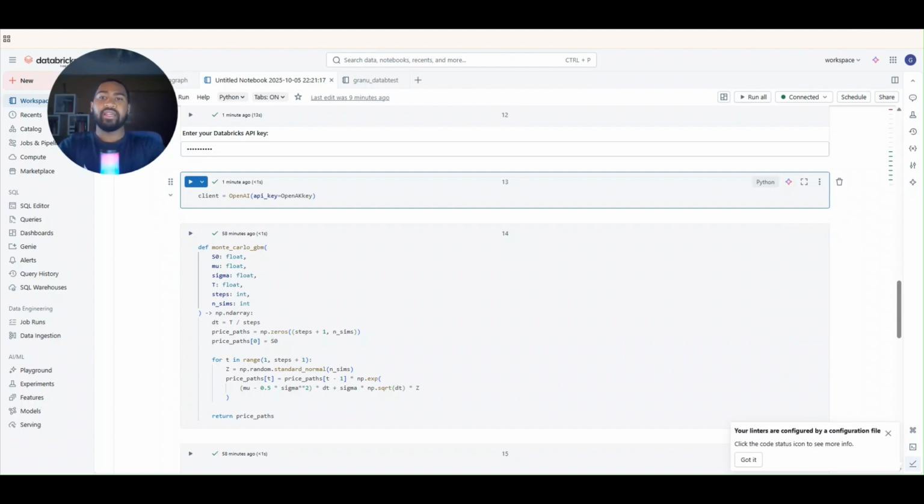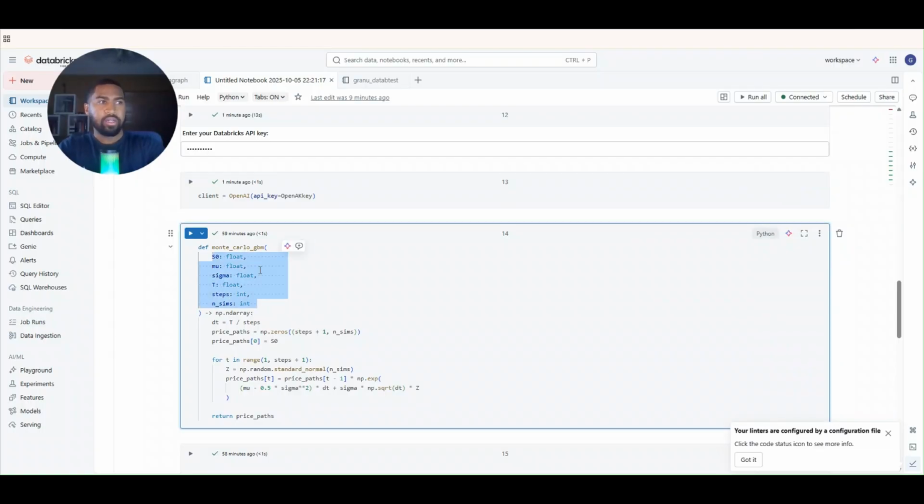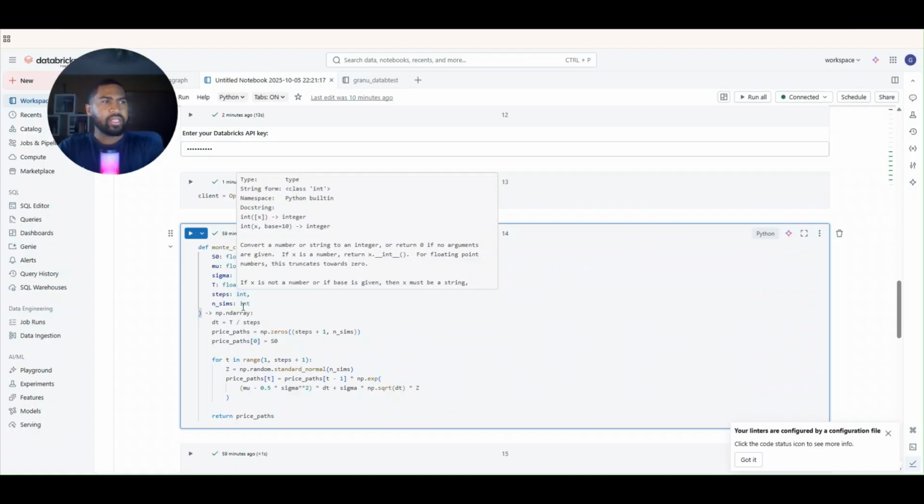The main things we want to pay attention to here are these variables. I think this is sigma, and then mu. No, that's not sigma, this is the starting stock price. My bad. Starting stock price, sigma's here, and then this one is time steps and number of simulations.